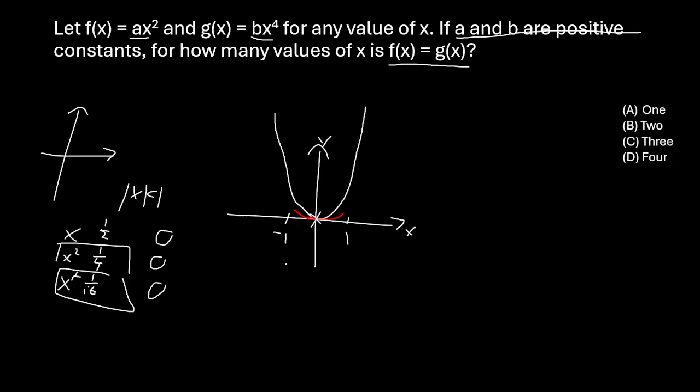For a value greater than 1, x to the fourth power would be greater than x squared. What happens at 1? If x is 1, they are both 1. And if x is negative 1, they are also both 1, because negative 1 is raised to an even power.